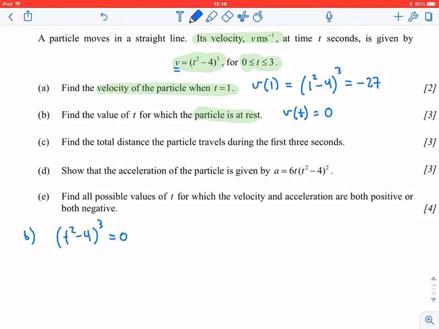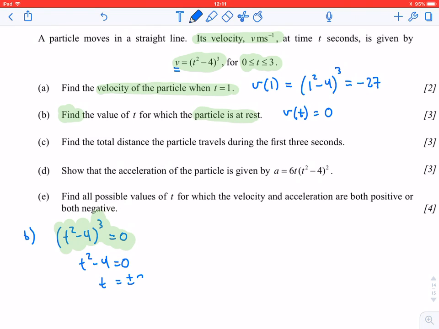This is a paper 2 question, but it also does say find the value of t. So writing out this equation, (t squared minus 4) cubed is equal to 0, is essential. You really want to show what it is you're doing, demonstrating some working, like saying this is going to be 0 if t squared minus 4 is equal to 0.